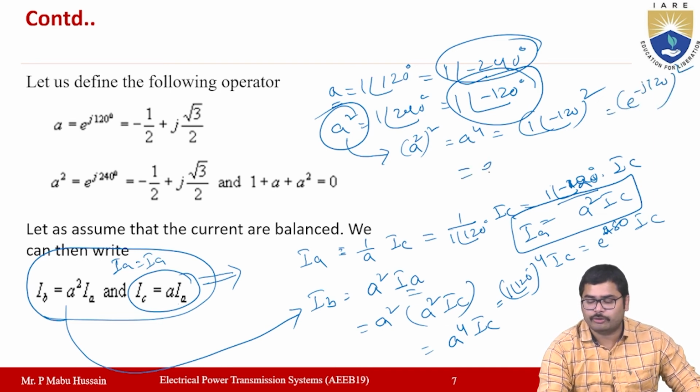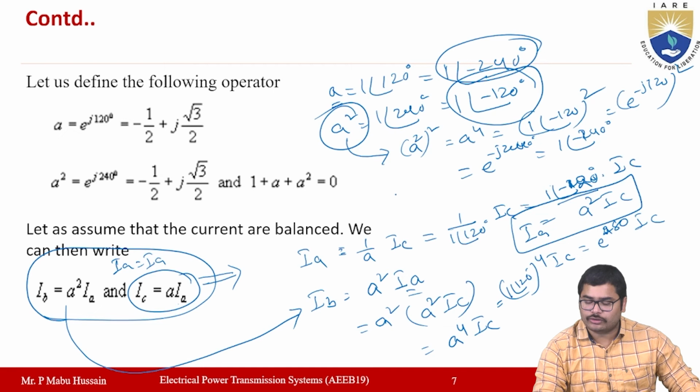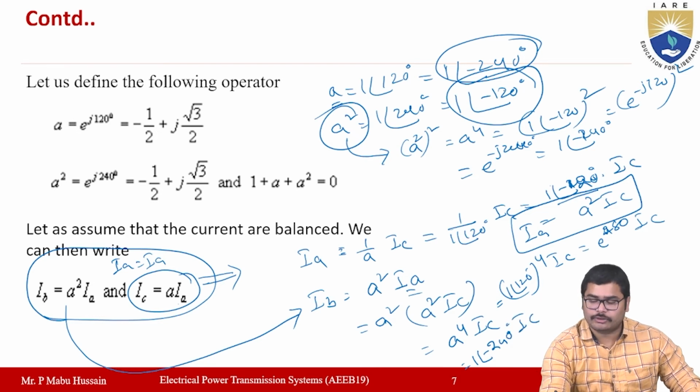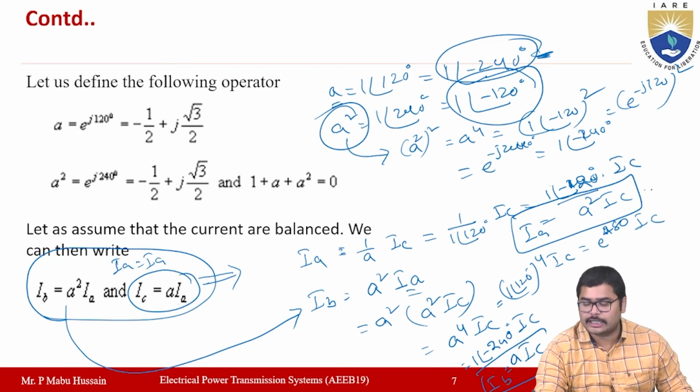So which will be equal to e power minus j 240 degrees, which is nothing but 1 at an angle minus 240 degrees. So A power 4 is 1 at an angle minus 240 degrees into IC, which is equal to A. So A into IC. So the value of IB is equal to A into IC and the value of IA is A square into IC.